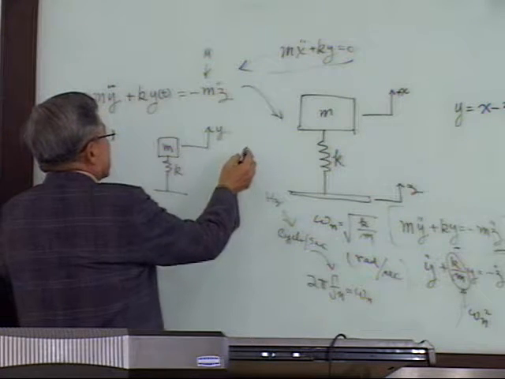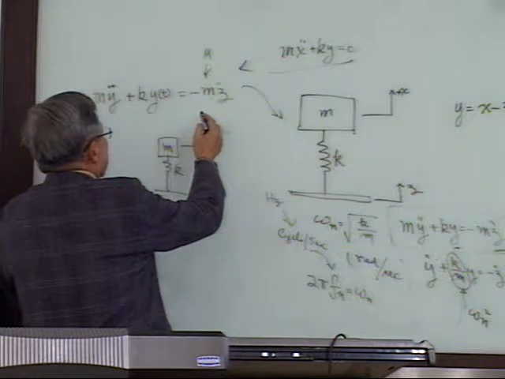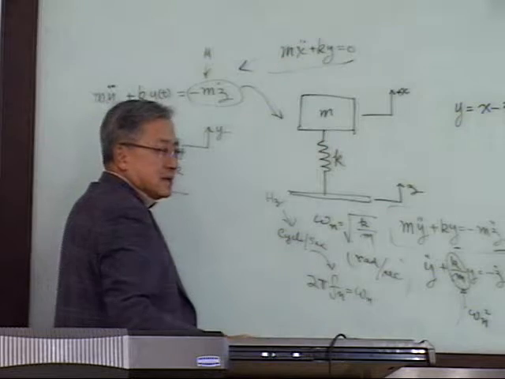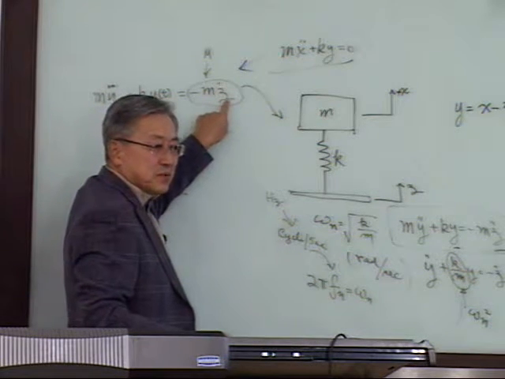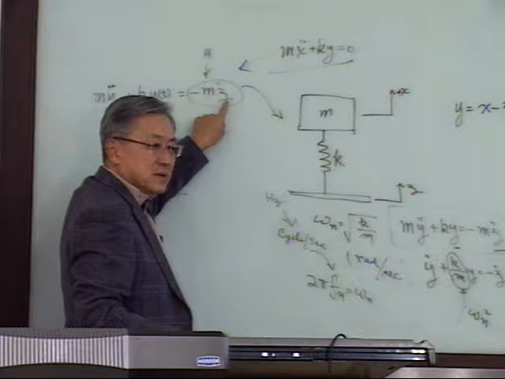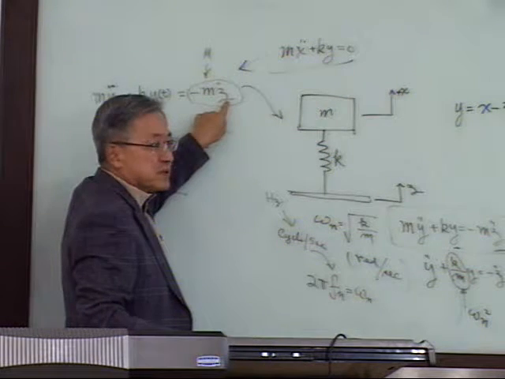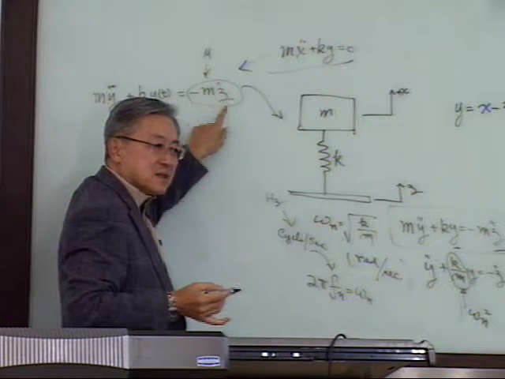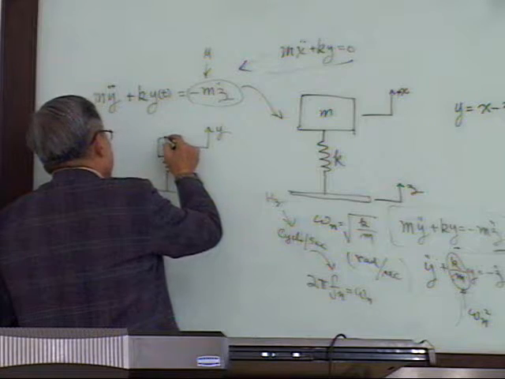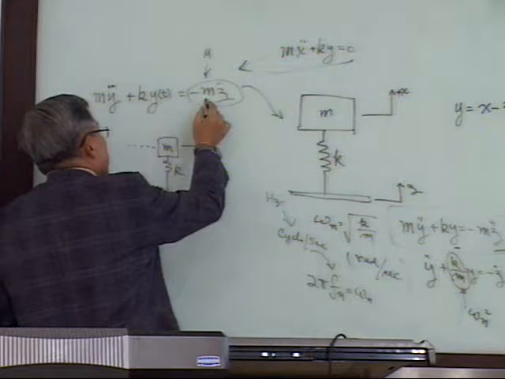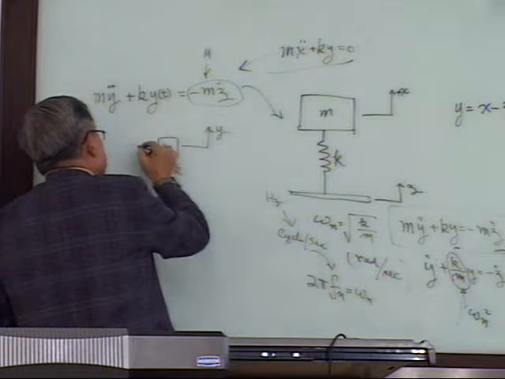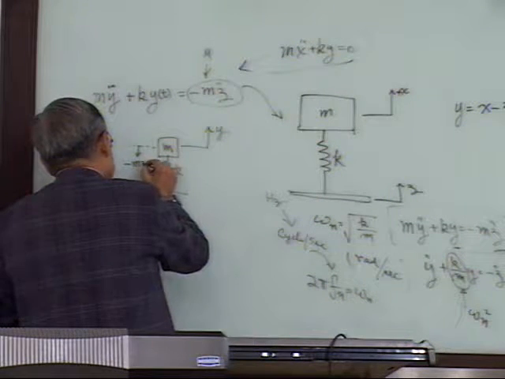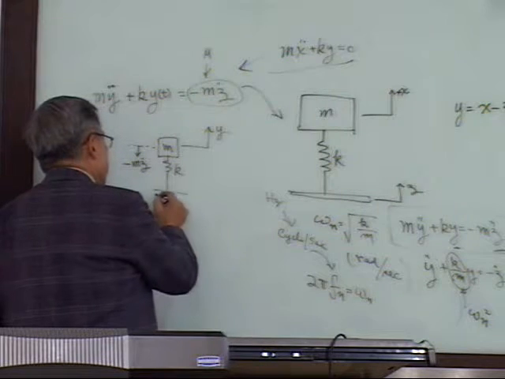There is z double dot, this is what? This is input, right? Z double dot is the time derivative of the base velocity. So this is base acceleration. So I can tell, okay, that force is negative, which is the same as applying the force as minus mz double dot. So base is fixed.